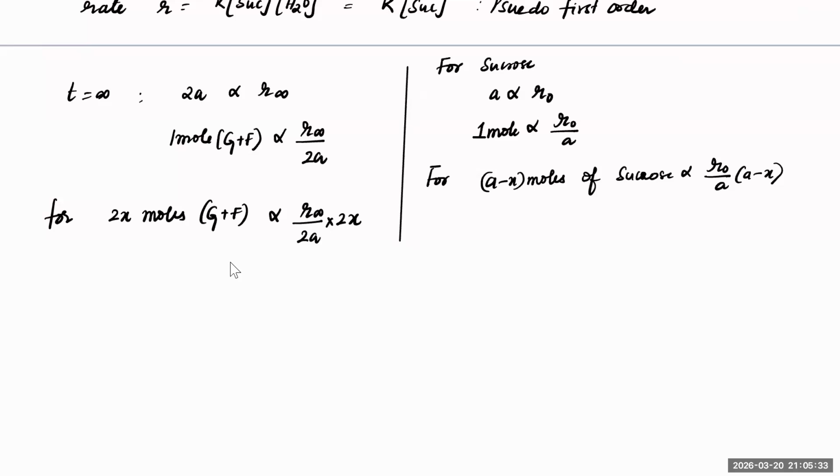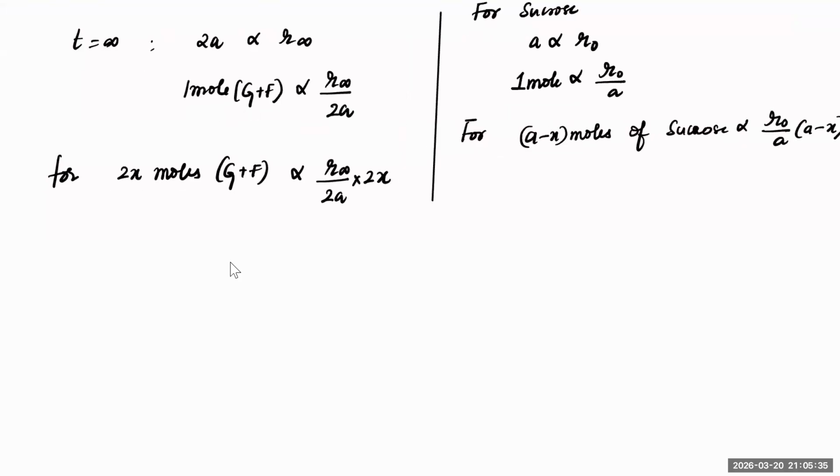Now, let me go back to this. At time t, the rotation Rt is because of both sucrose as well as the glucose and fructose mixture. So at time t, rotation is due to sucrose and rotation due to glucose and fructose together.